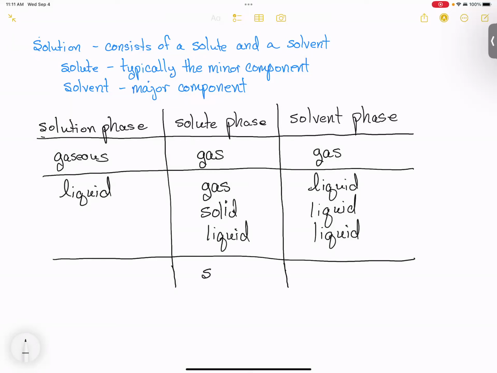Now, you also can have a solid dissolved in a solid to make a solid solution. An example is brass, where you have copper and zinc combined. How yellow the brass is depends upon how much copper it contains.